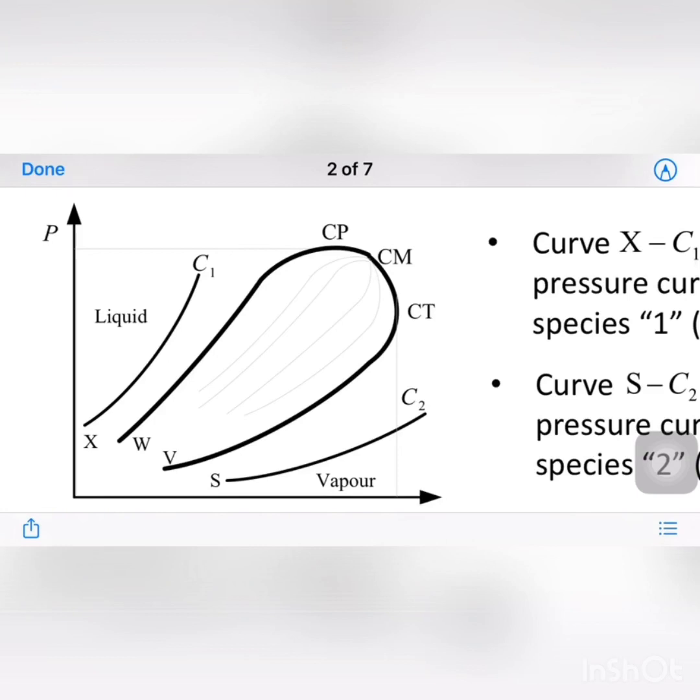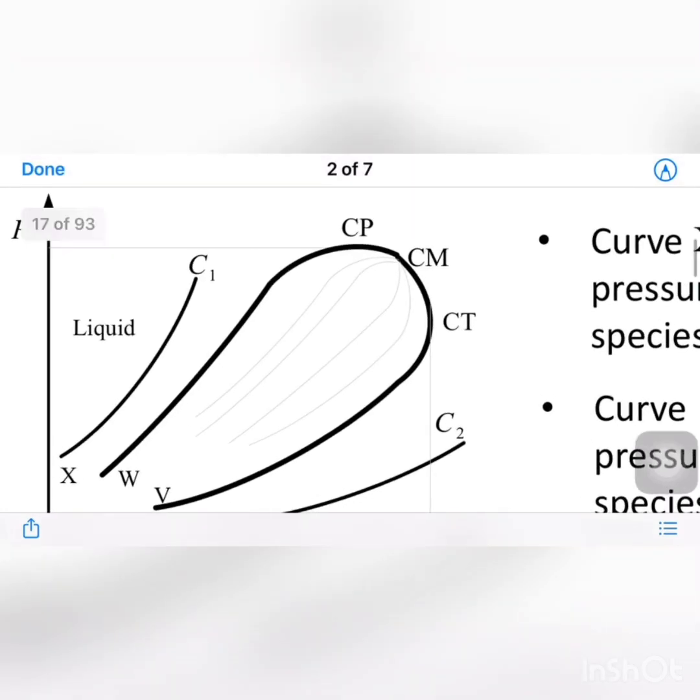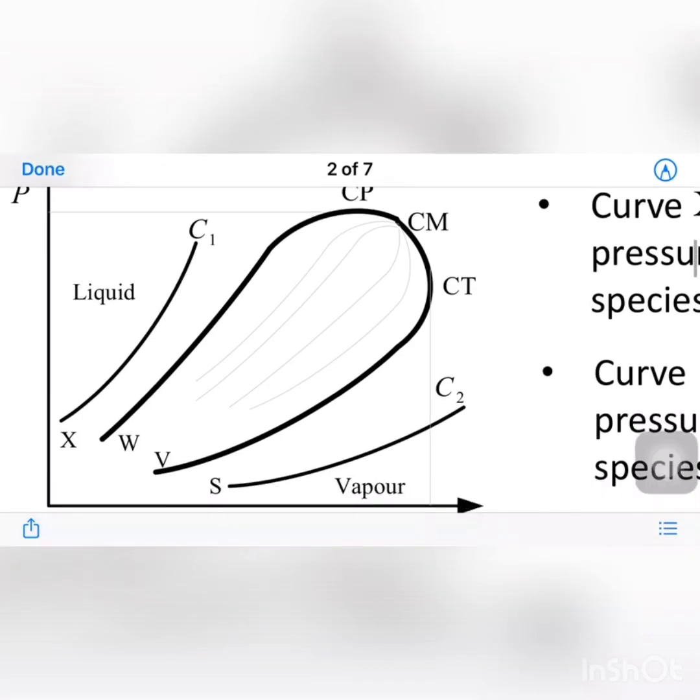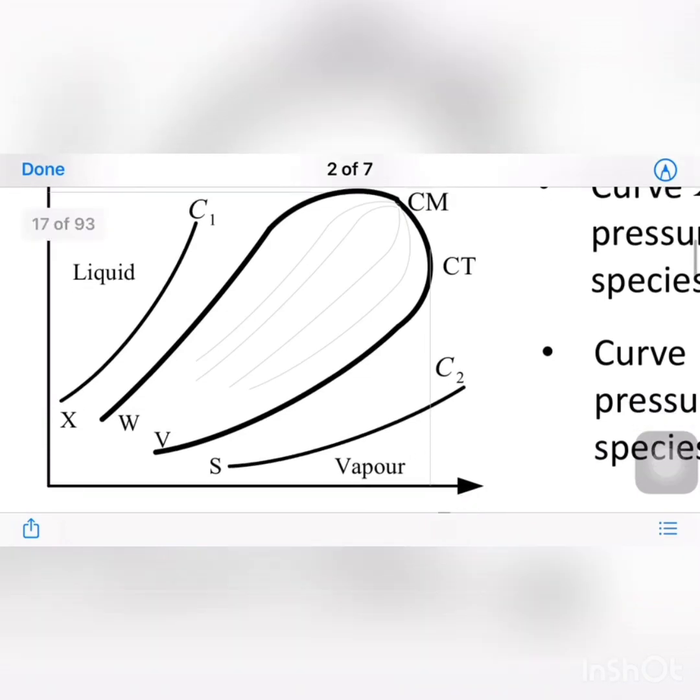Here the curve from C1 to CM is the saturated liquid line, or bubble point line, and CM to C2 is the curve related to saturated vapor, or dew point of the mixture.